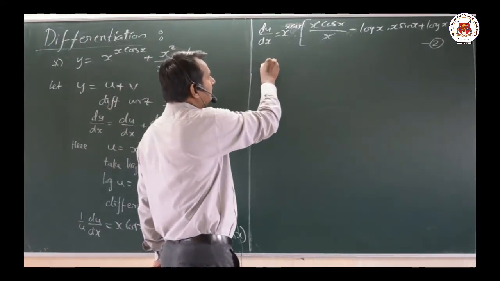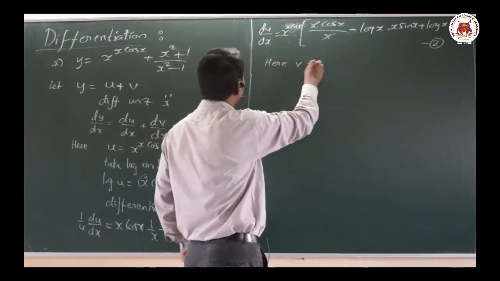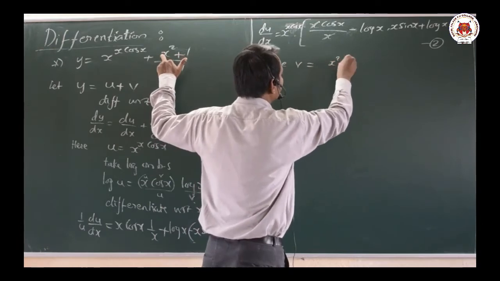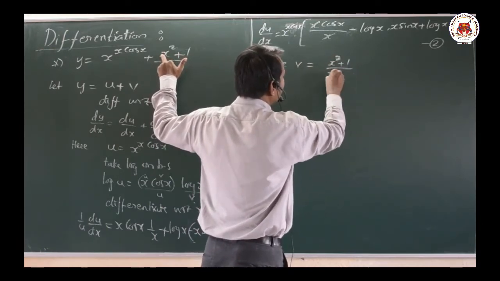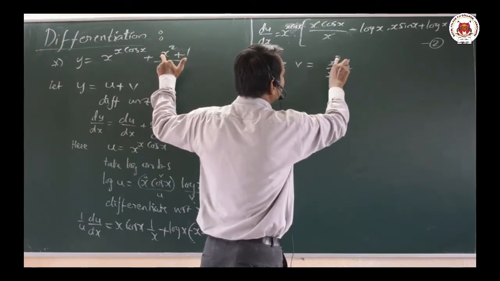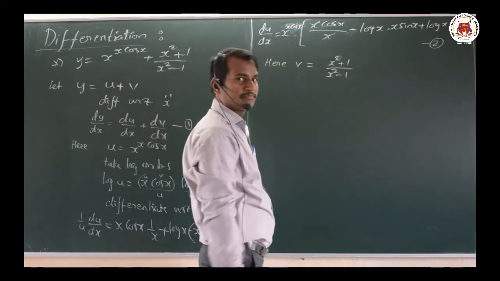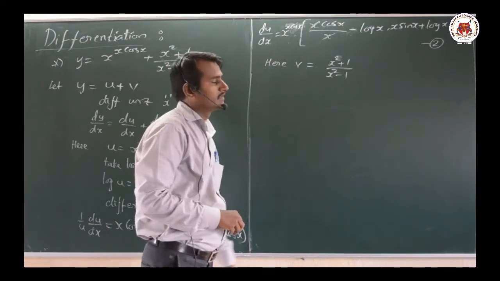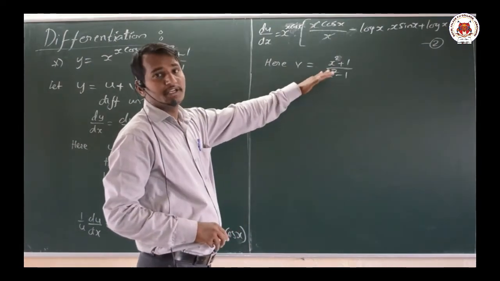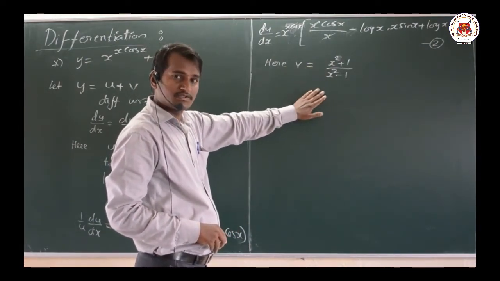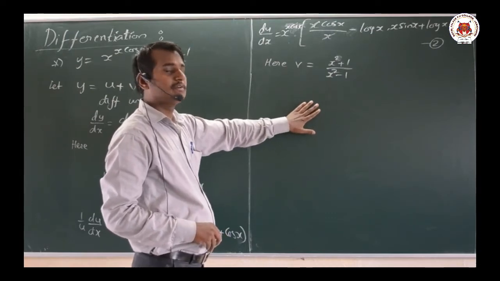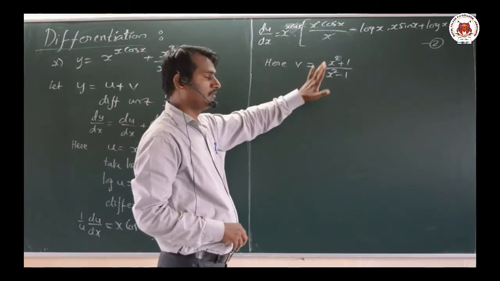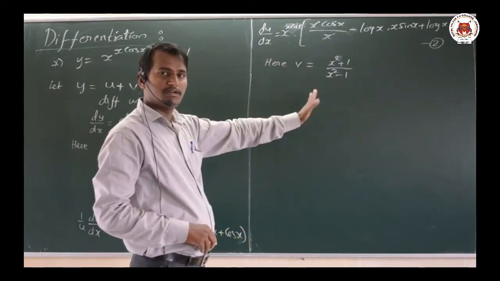Here v is equal to what we have, x square plus 1 divided by x square minus 1. Now taking log on both the sides. You can take log on both the sides and solve it, or else the very simple method, you can do by quotient rule, that is u by v rule formula. Any term you can use it here.